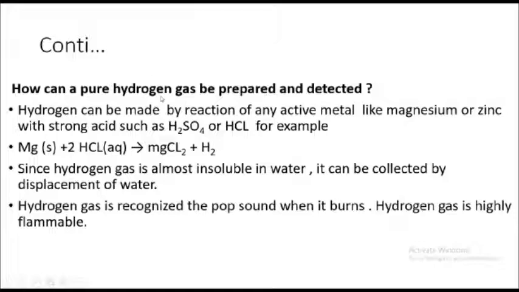Pure hydrogen means hydrogen that is present alone, hydrogen that is not combined with other elements. We will study how it is prepared and detected, whether it is pure or combined with other elements. Inshallah, follow along.